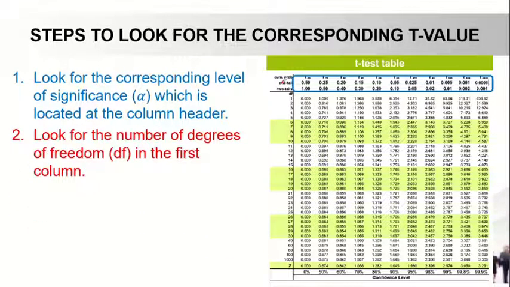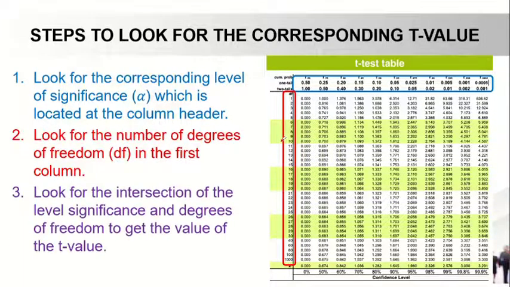Next, look for the number of degrees of freedom in the first column. Asan ang column? Ito, degree of freedom. Look for the intersection of the level of significance and degrees of freedom to get the value. Kung mag-intersect, ganyan. Ayan.